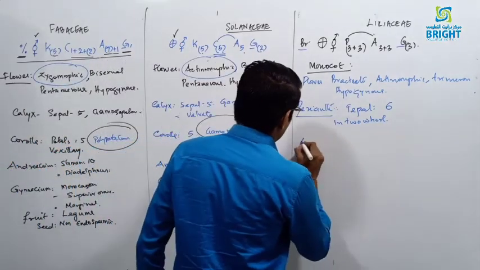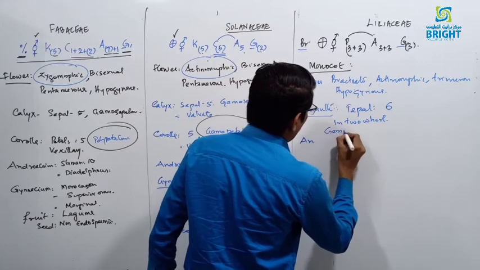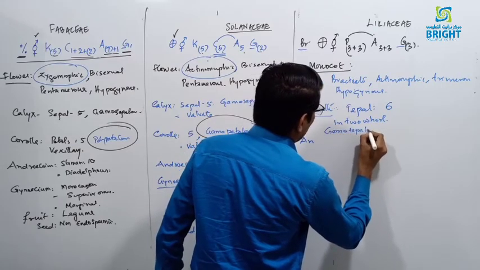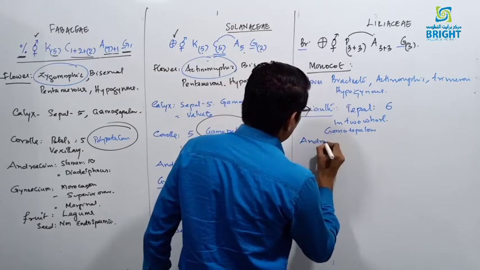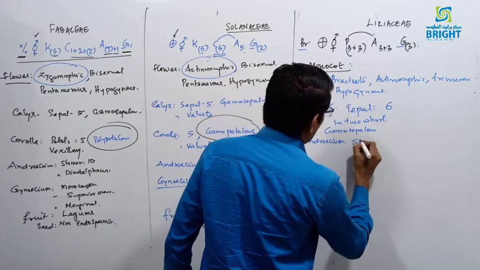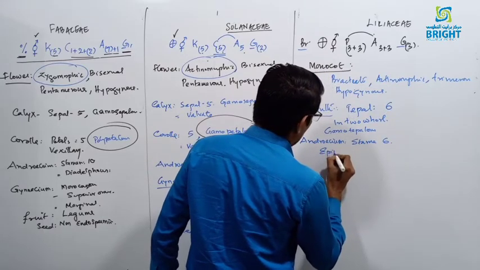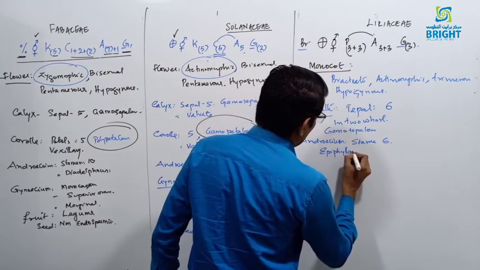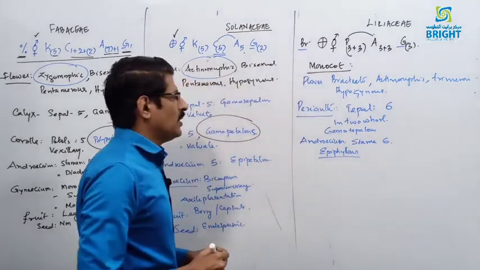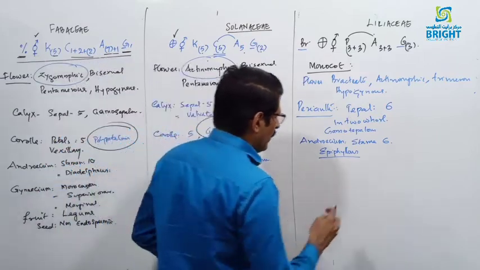And it is also gamotepalous. Androecium is stamen also 6, and it is epiphyllous. Epiphyllous, which means the stamens are fused with the tepal.